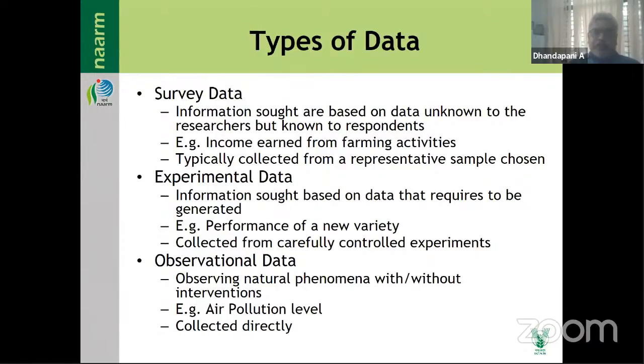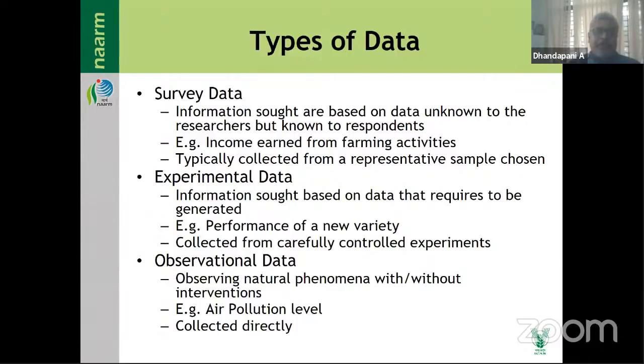One is what we call survey data, and it is to collect survey data only that we use these sampling techniques. The other two, experimental data and observational data, are different types of data. So first, let me quickly tell you what we mean by survey data, because this is where we are going to use these sampling techniques.